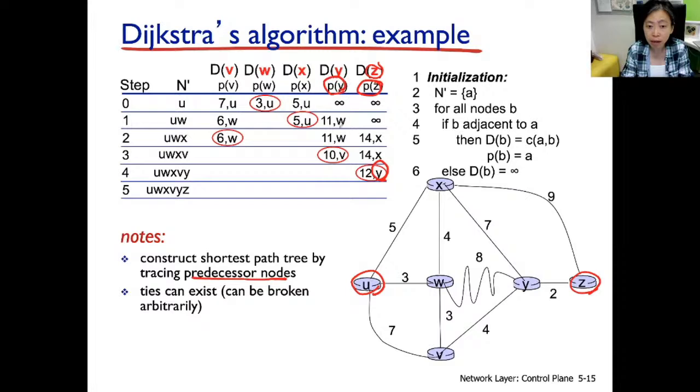Yeah, it's stated here, which is v. Who's the predecessor of v? Stated here, w. Who's the predecessor of w? u. That is the source. Therefore you see, this is the shortest path from u to z. The shortest path to x is indicated by the predecessor, which is u itself.